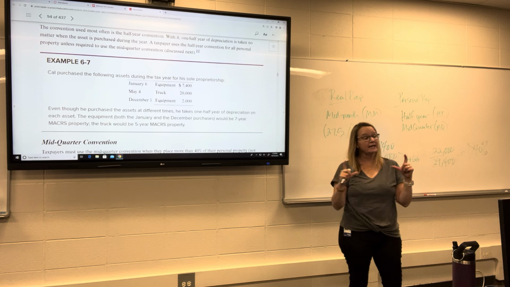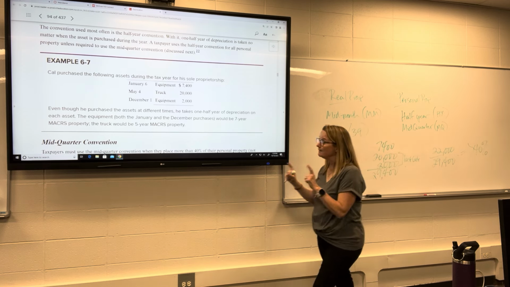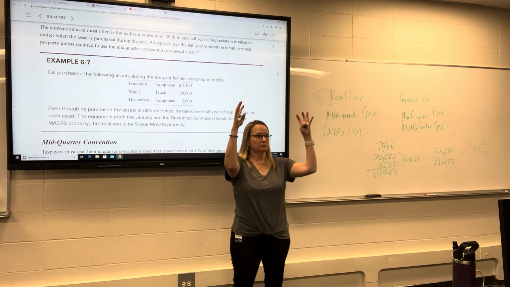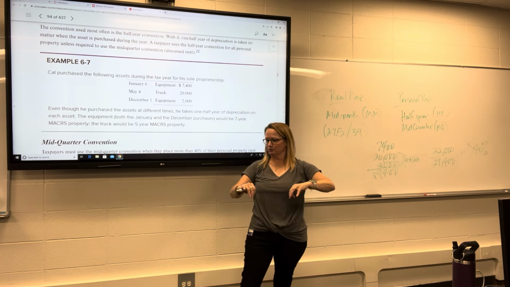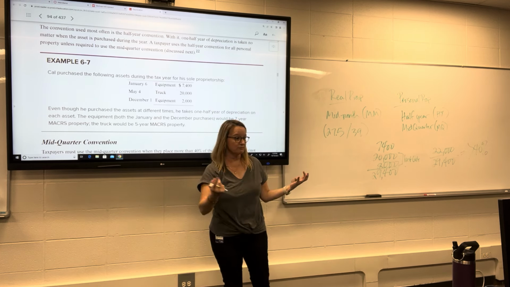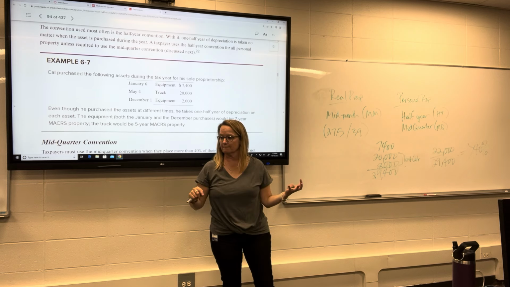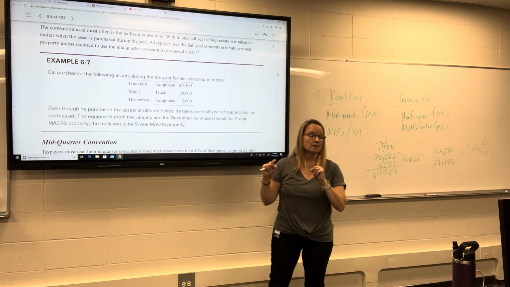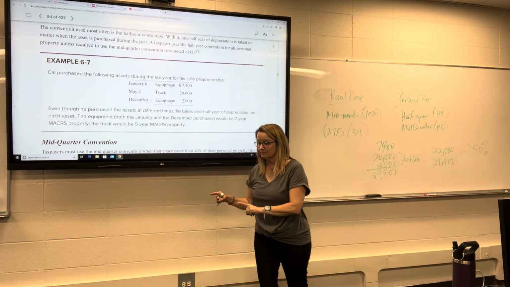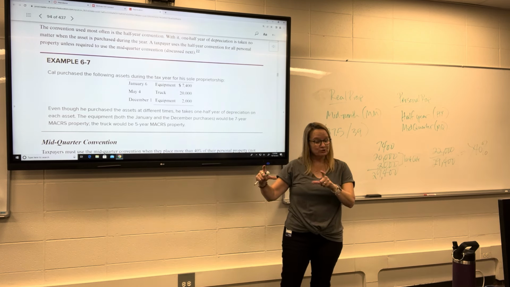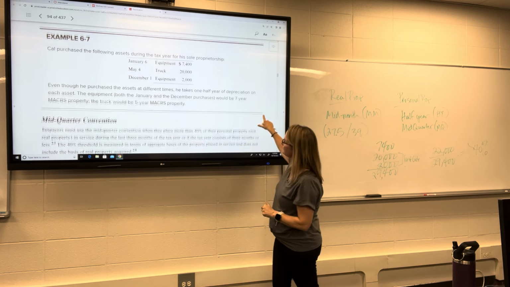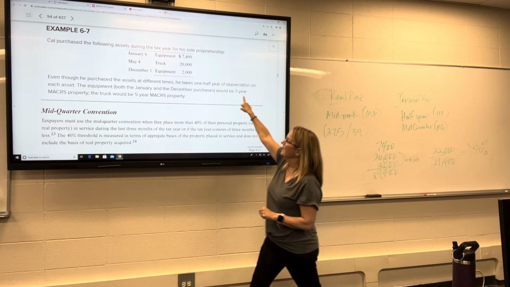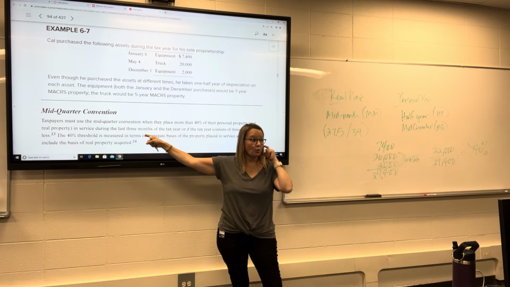So here's what you have to look at. First off, how much total personal property did we place in service during the year? In this case, it was $29,400 worth of personal property. Then we want to look at how much was placed in service during the last quarter. If that proportion is over 40%, then we have to use this mid-quarter convention.